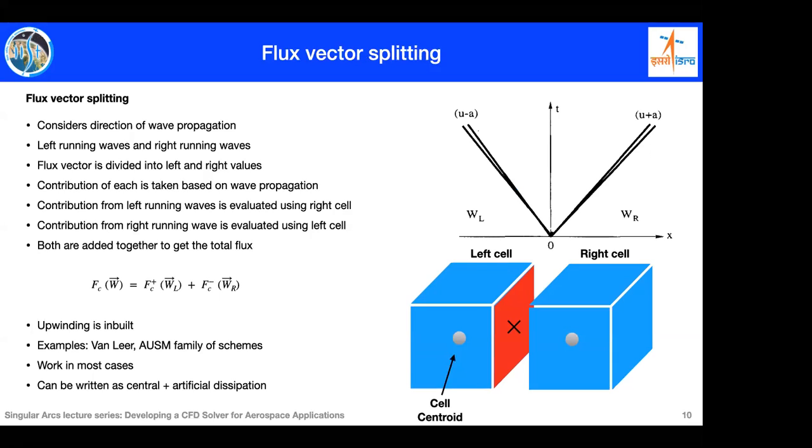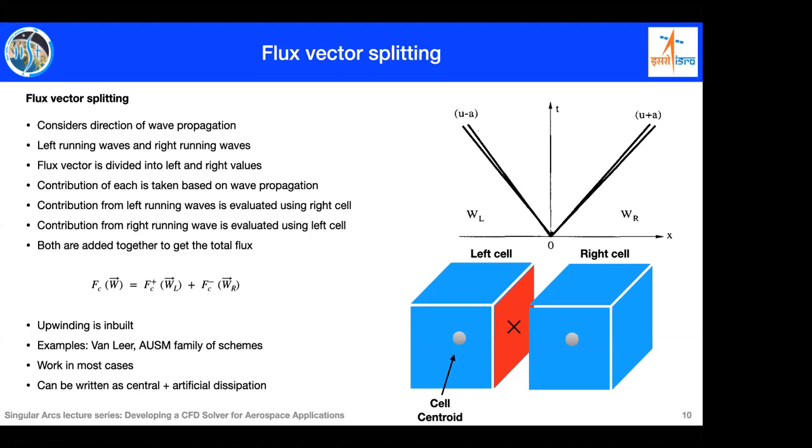Then after that, a few other sets of schemes came. So these are called flux vector splitting schemes. In this, actually, the wave propagation phenomena of the Euler equations is made use of. So if you imagine, like in our normal case also, we imagine a pressure wave is traveling. Similarly, for Euler equations, there are three types of waves which travel to the left side or right side.